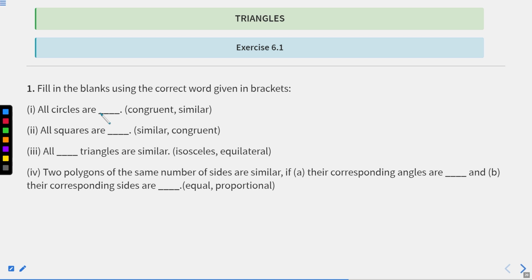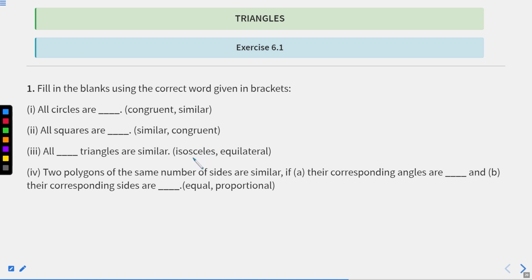Number two, all squares are similar also. The reason is that all squares have the same shape but do not have the same size. That is why all squares are not congruent. All squares are similar. And number three, all dash triangles are similar.